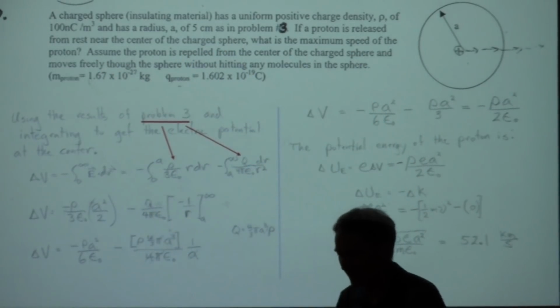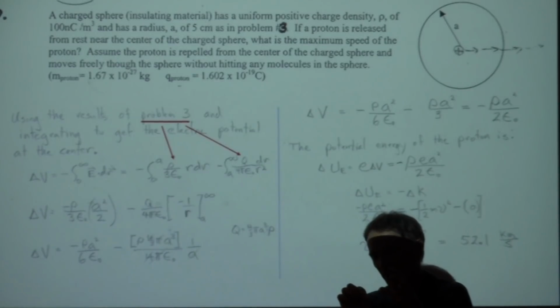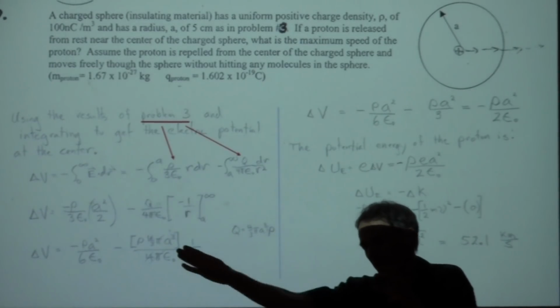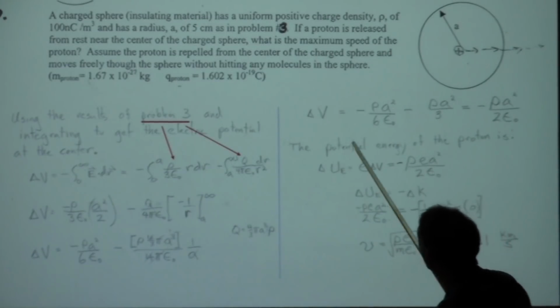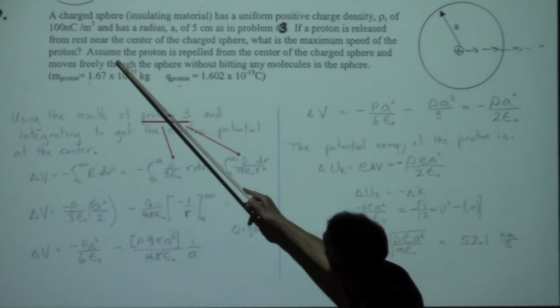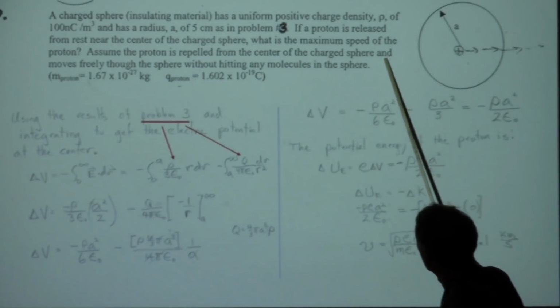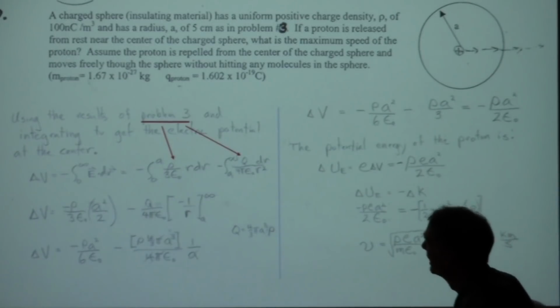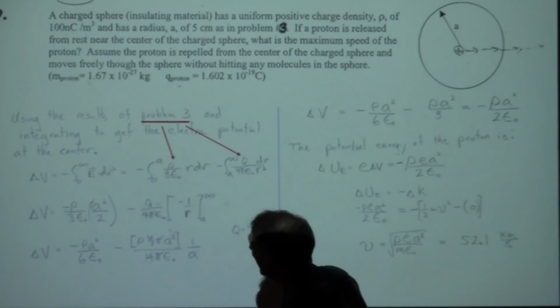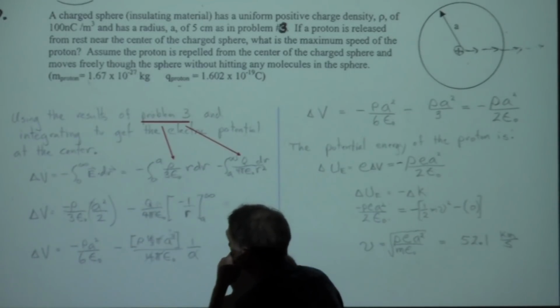Think of that charged sphere like a gas cloud that the charge can be in, and the proton can start to take off and cut right through this cloud of charge. It's a positive charge, so it's going to be repelled by the positive sphere and start to accelerate. The idea is we can go back to the change in electric potential.